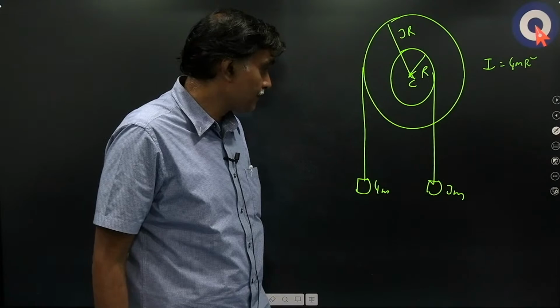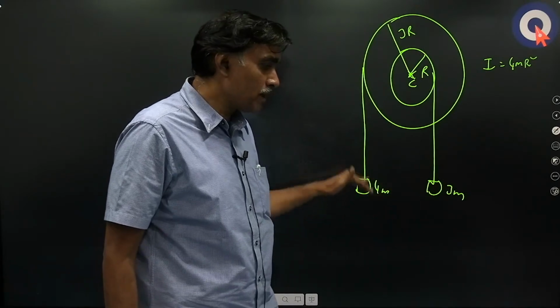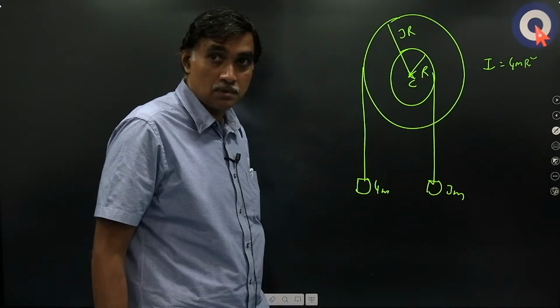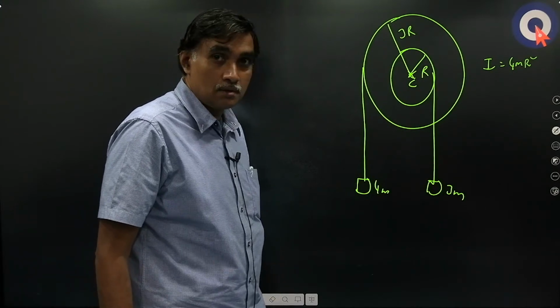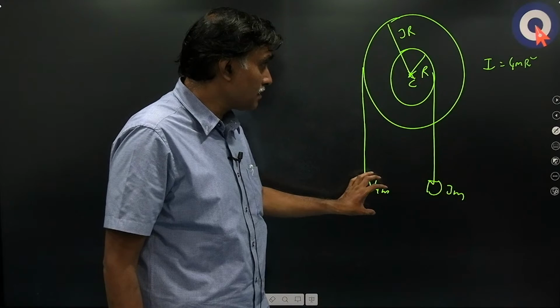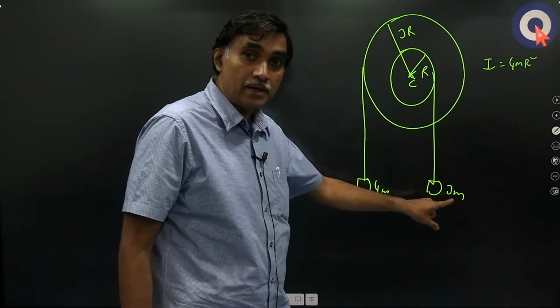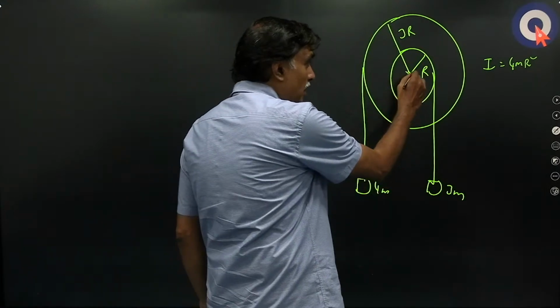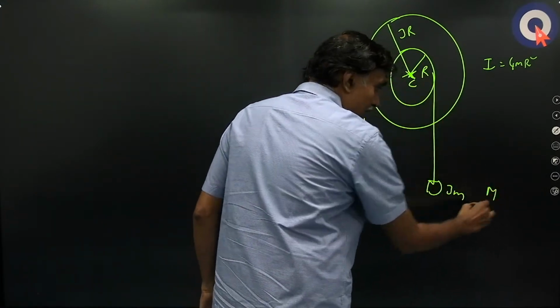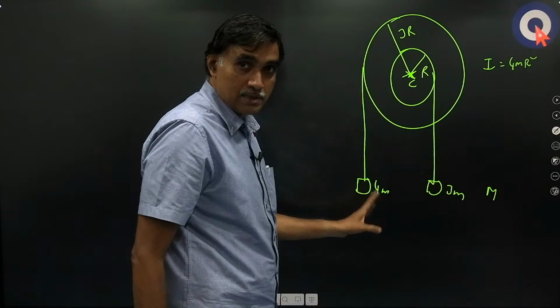Now will 3m come down or 4m come down? If I keep 4m here, what block do we have to keep here so that the system is in equilibrium? Consider torque about this point, let us say capital M is there instead of 3m and here 4m is there.